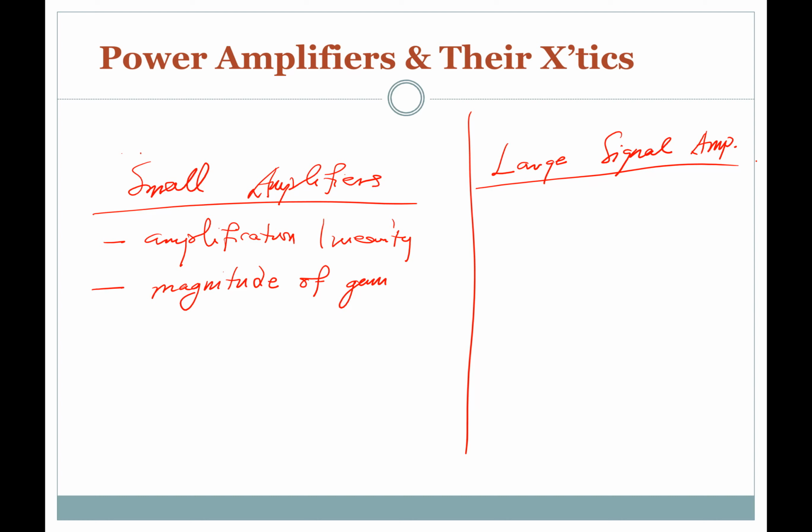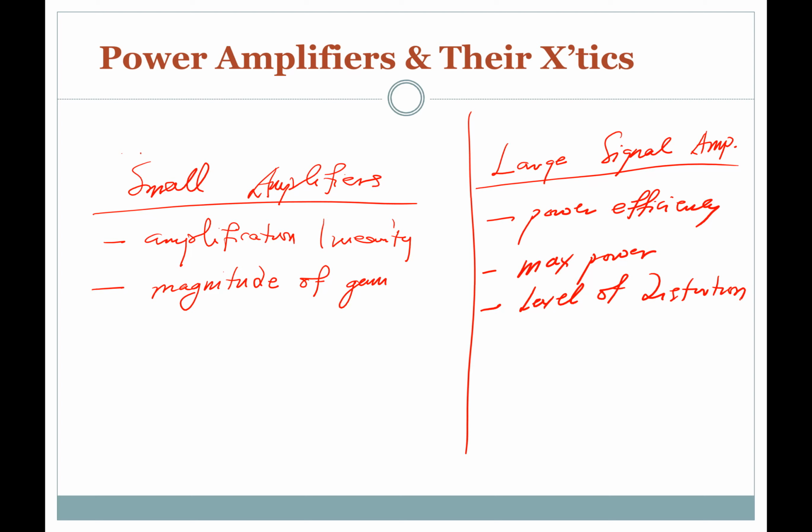The main features in this case for large signal amplifiers are the circuit's power efficiency, the maximum amount of power that the circuit is capable of handling, and also the level of distortion of the output signal.